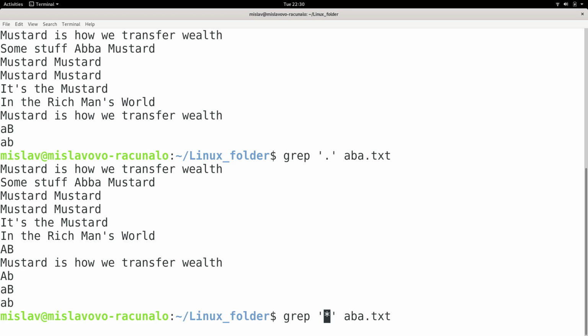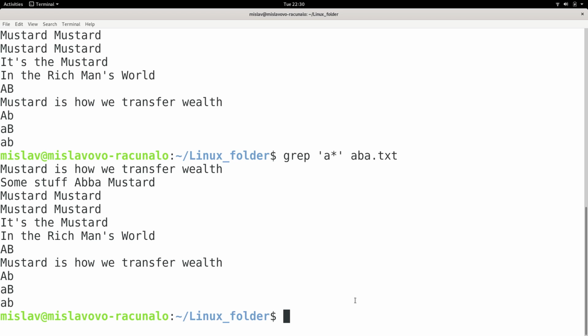If I type, for example, A star and press enter, this means match all of the lines which contain A 0 or more times. So this matches every line. Why? Because every line contains either the letter A 1 or more times, or 0 occurrences of the letter A, and the star, or asterisk, denotes 0 or more characters.